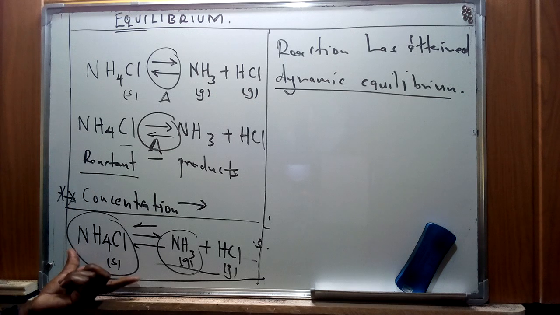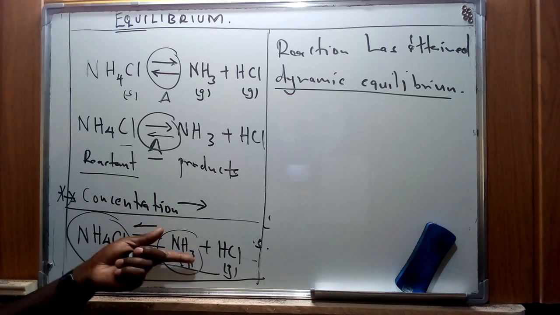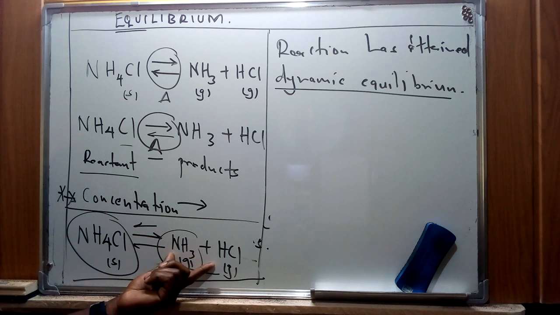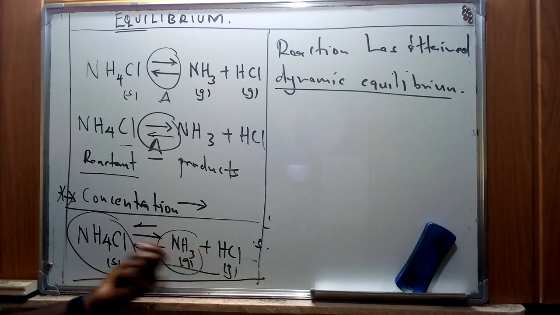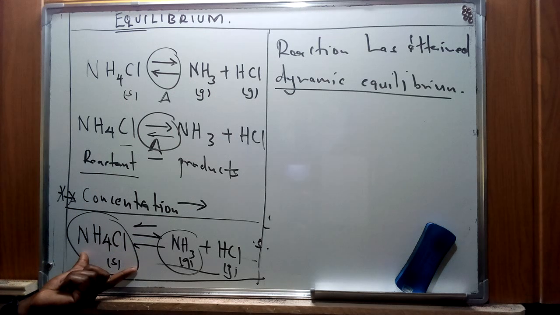So in any case, if I increase the concentration of ammonium chloride, it will favor the forward reaction to form this product. Now, suppose I increase the concentration of the product, then that is going to favor the backward reaction to form the reactants.